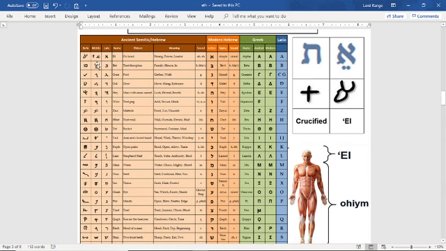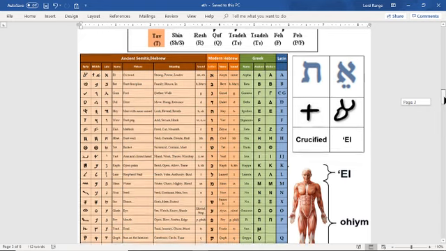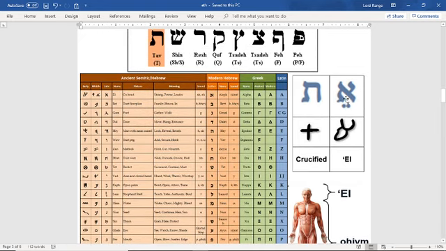That first letter goes back to the L, and the Tav goes back to these cross sticks. And that's what we have here: the L and the cross sticks. And so basically the way you will read this in the ancient Hebrew is El crucified. So that is the meaning of this Hebrew word.